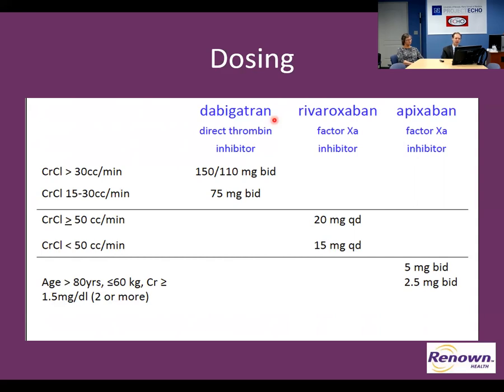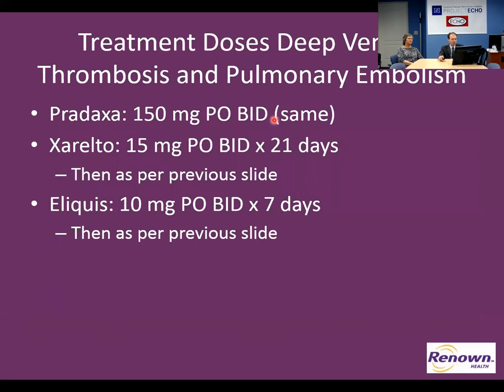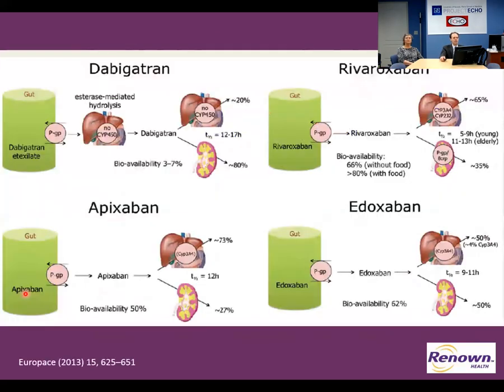But that being said, Pradaxa has very good stroke prevention, does have a little more GI bleeding, and I'll go through all of the individual trials that brought these agents to light in coming slides.